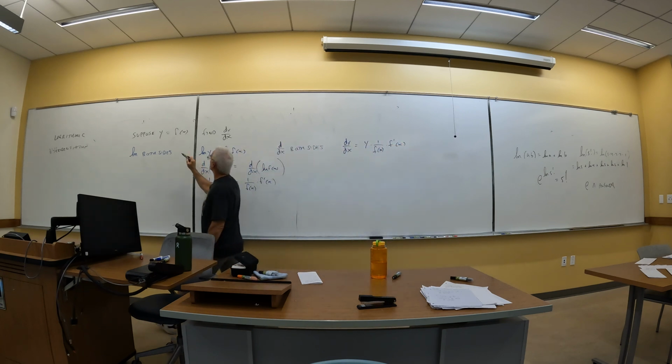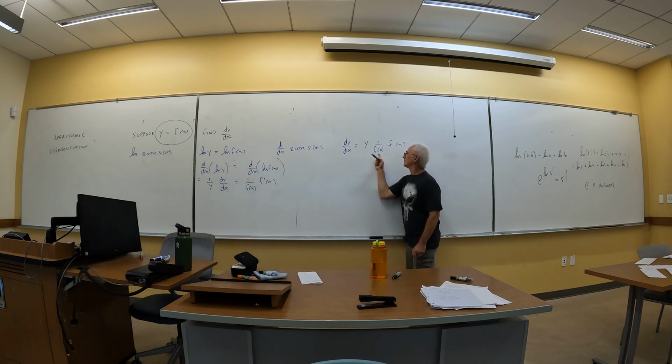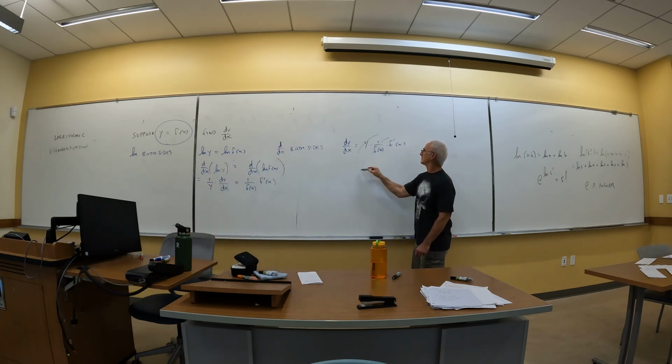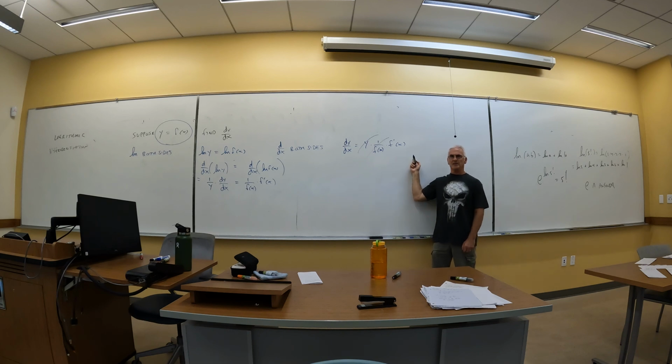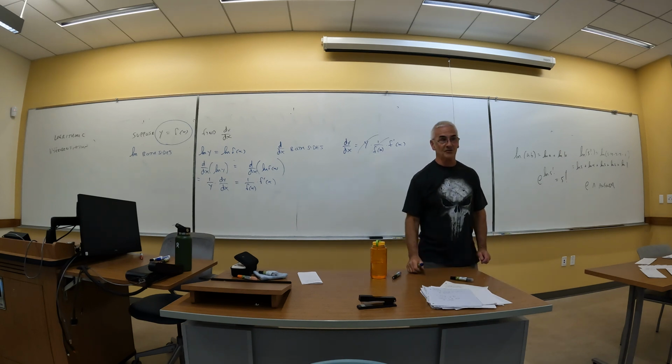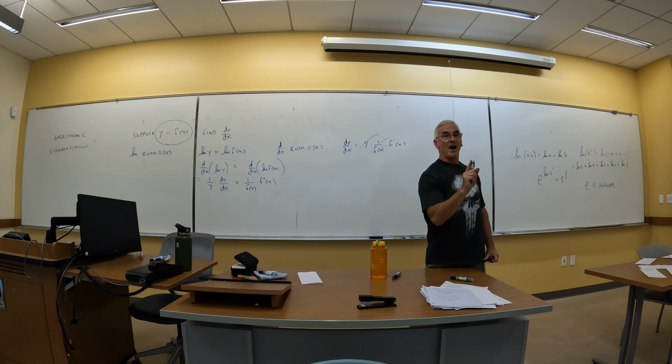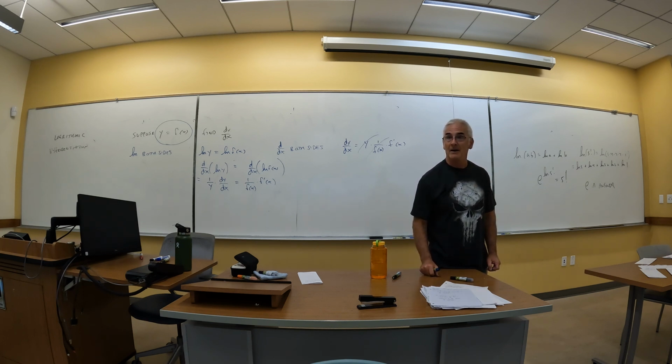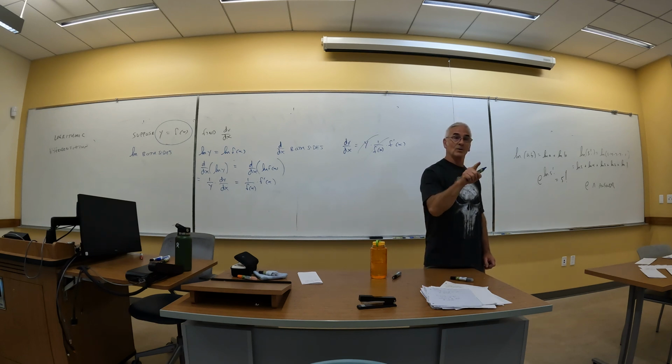Which makes it really nice because how did we start the problem? Is that the result we needed to get in the first place? These guys cancel because they're the same thing. Now, was this the most roundabout way of ever taking a simple derivative? Yes, it was. But if I do this, it turns out there's a lot of problems that could be really complicated that we might be able to make really simple.